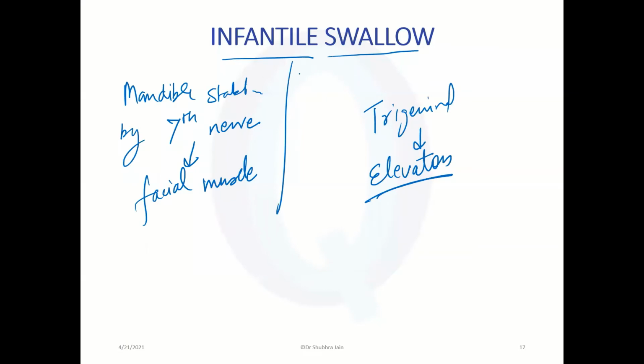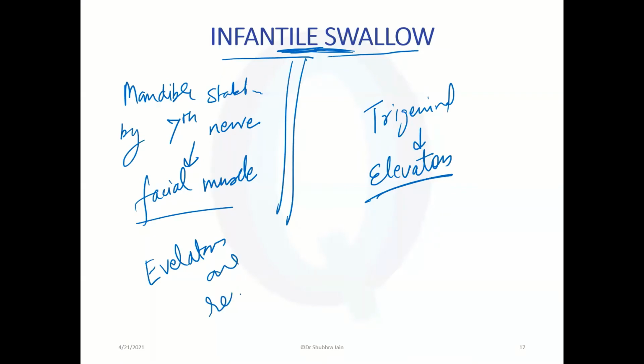So it is basically a neuromuscular disorder to have an infantile swallow in adults. Whenever a question is asked about infantile swallow, you have to see the nerve innervation and the muscles involved. In the infants, the elevators are relaxed. But in the adults, the elevators stabilize the mandible.